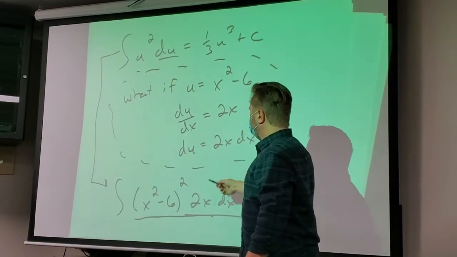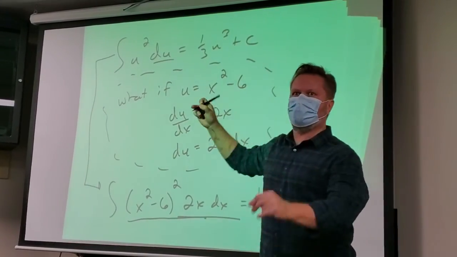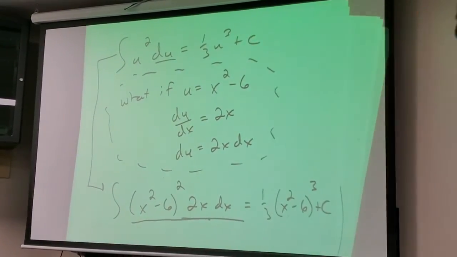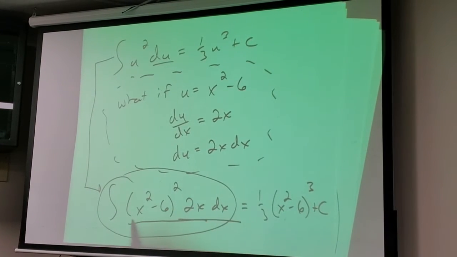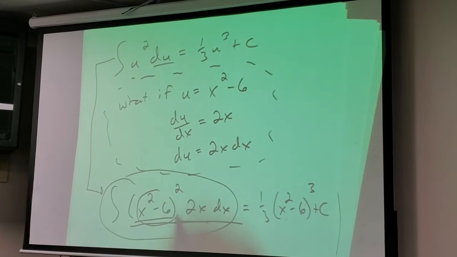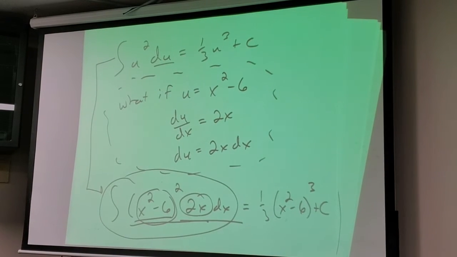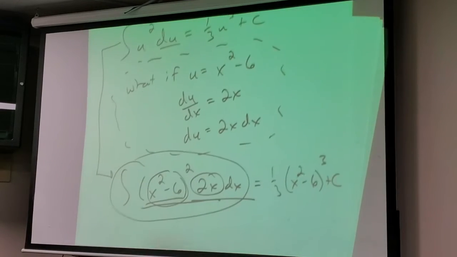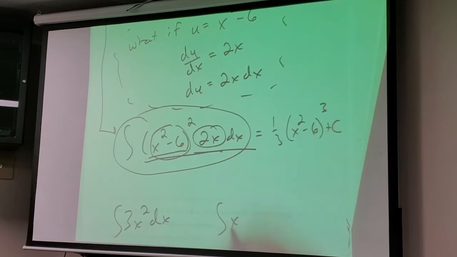Du would be this. The integral would have looked like this, and the answer would still be in that form. So the whole idea, remember when I said, why is this integral doable without having to do anything? Because the derivative of this is in here. Is this integral in some way easier than this integral?